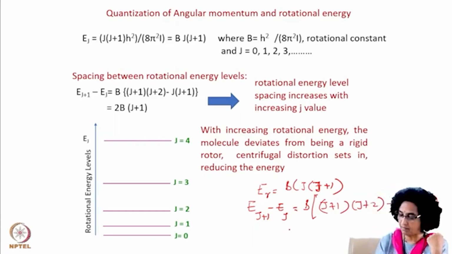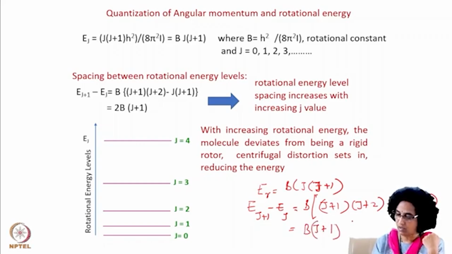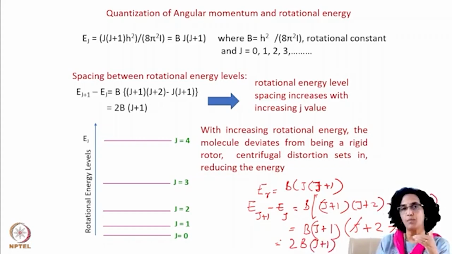You can easily simplify it, and it becomes 2B into J plus 1. So the difference between two rotational levels increases with increasing J.